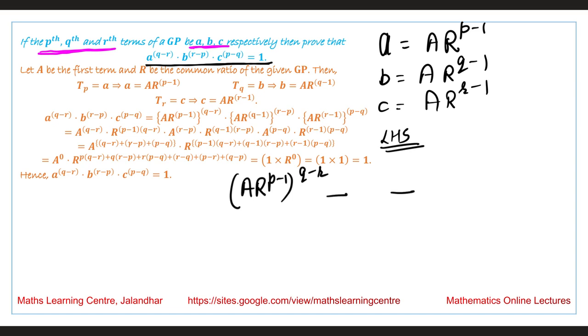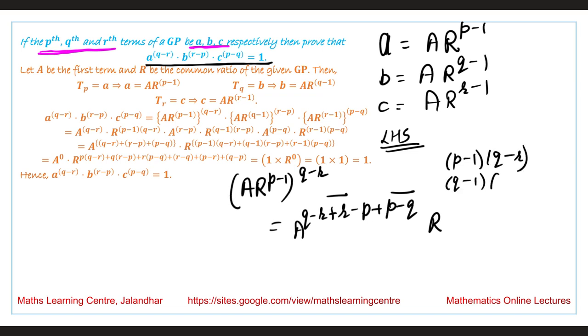On solving this, what we will obtain is a raised to the power q minus r plus r minus p plus p minus q, and r raised to the power p minus 1 into q minus r, then q minus 1 into r minus p, and then r minus 1 into p minus q.